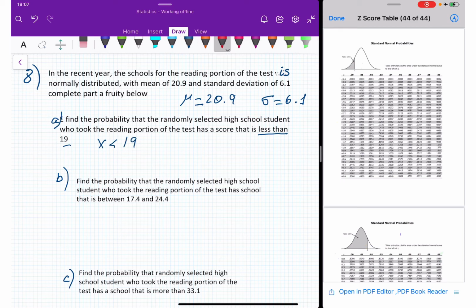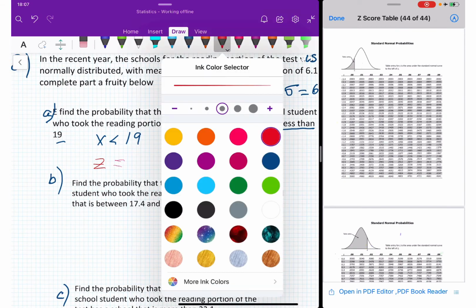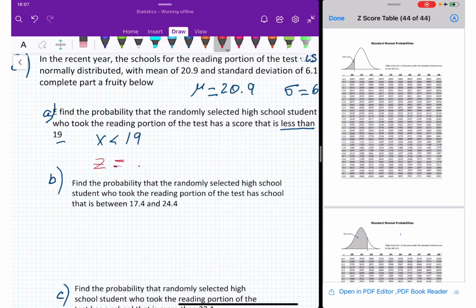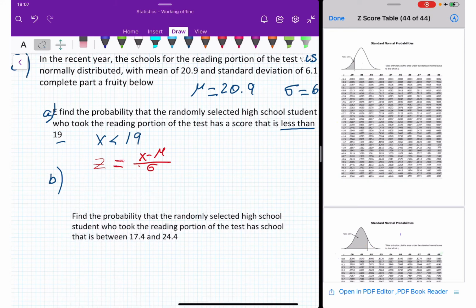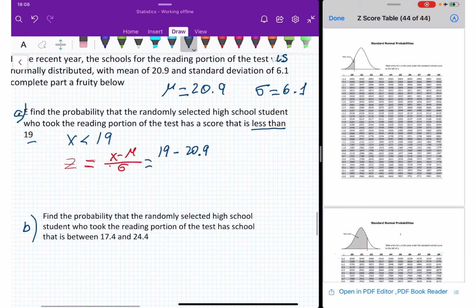So what do we do here? We use z-score. That is equal, z-score is x minus mu over sigma. Yes? Okay. So from here, we have our x is 19 minus mu, which is 20.9, divided by sigma, which is 6.1.